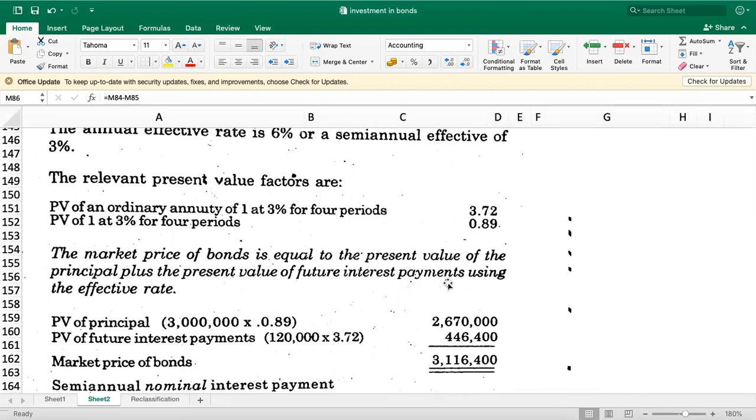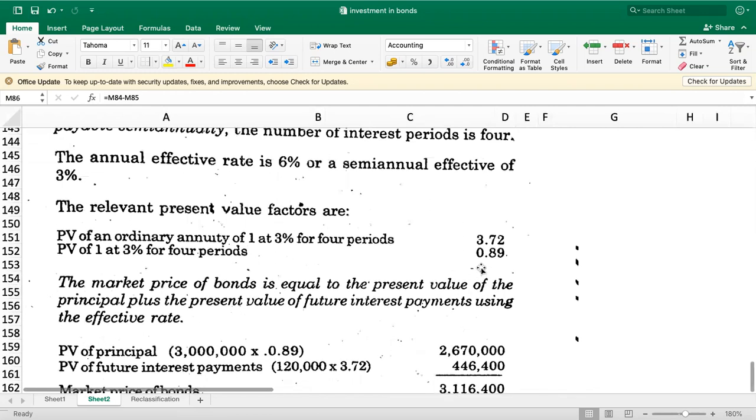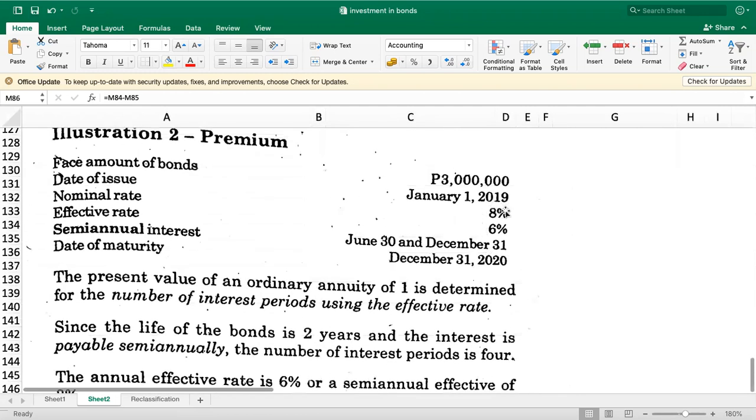Okay, take note also in computing the present value with the principal, we multiply the PV of 1, that's 3 million principal times PV of 1. And also for the interest, present value of interest, yung gagamitin natin na nominal interest is also, instead of using 8%, dapat kasi semi-annual tayong mag-receive ng interest.